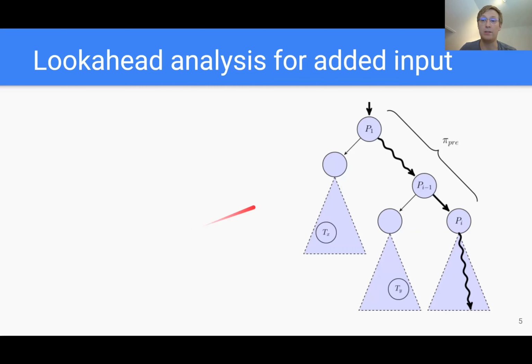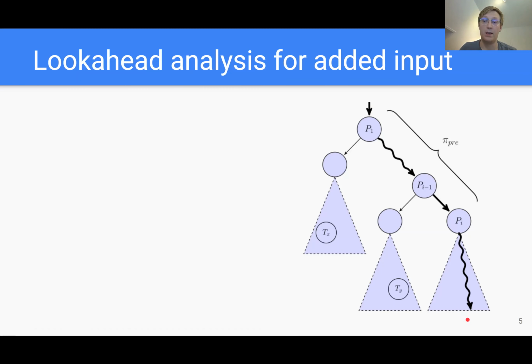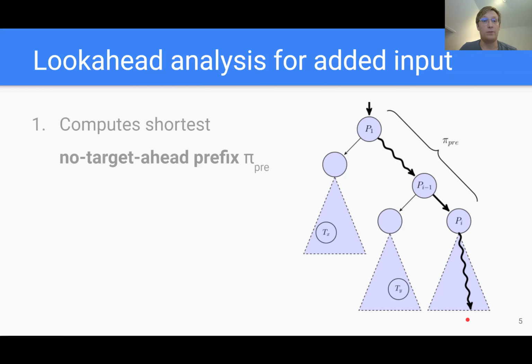On the right-hand side, you can see the part of the execution tree of a given program. You can also see in bold the path explored by the newly added input. The goal of the lookahead analysis is to compute the shortest so-called no target ahead prefix.